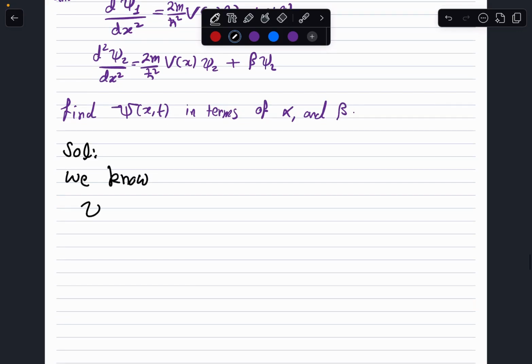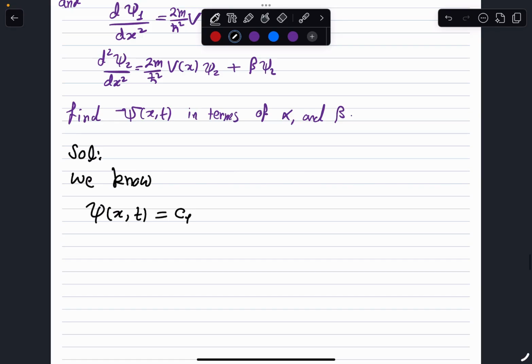that psi of x and t, the capital one, can be written as c1 psi 1, small psi 1 of x, e to the minus i E1 t over h bar, plus c2 psi 2 of x, e to the minus i E2 t over h bar.